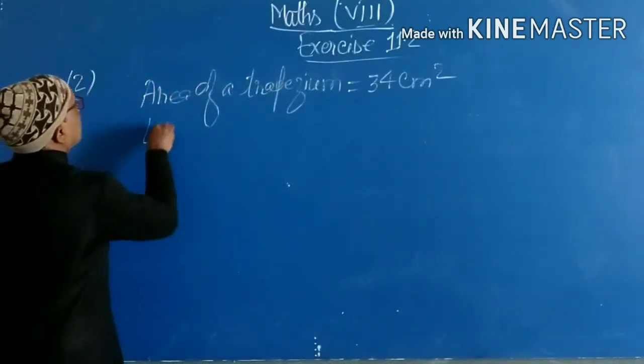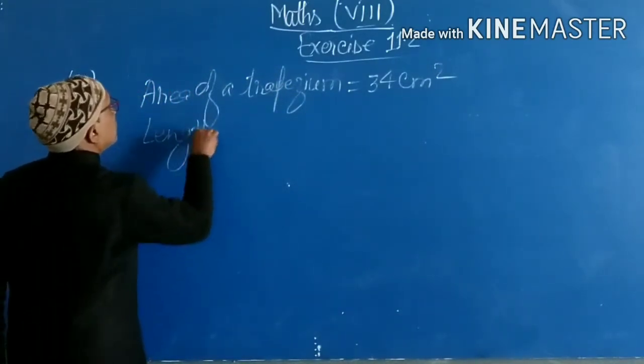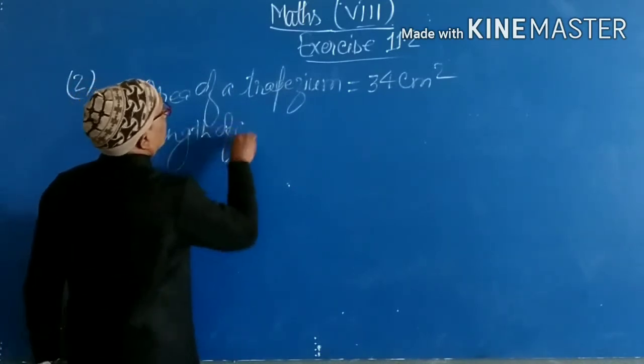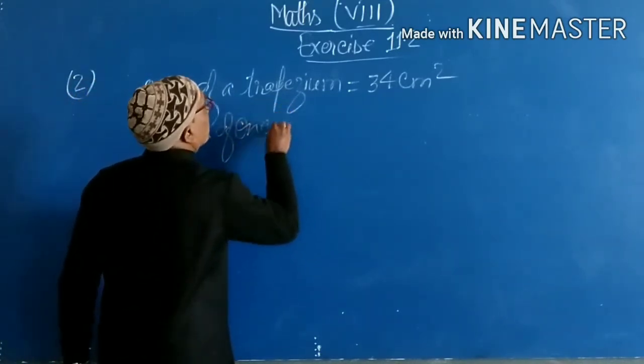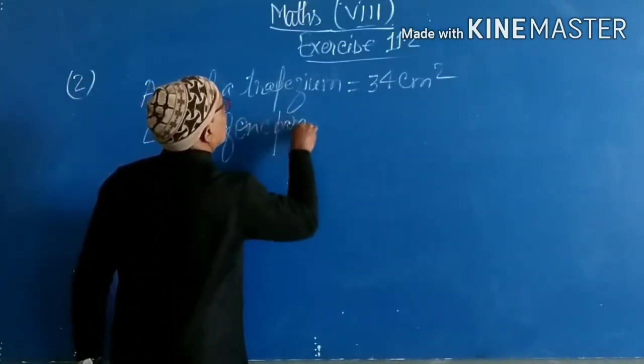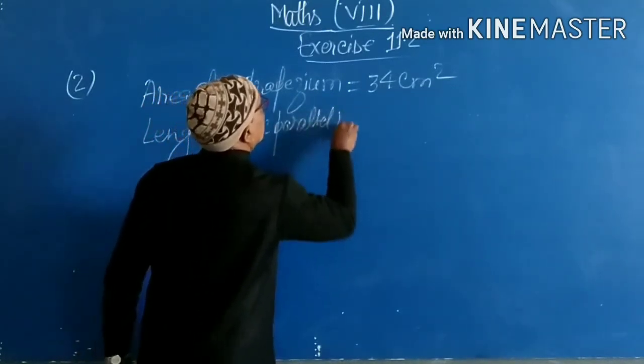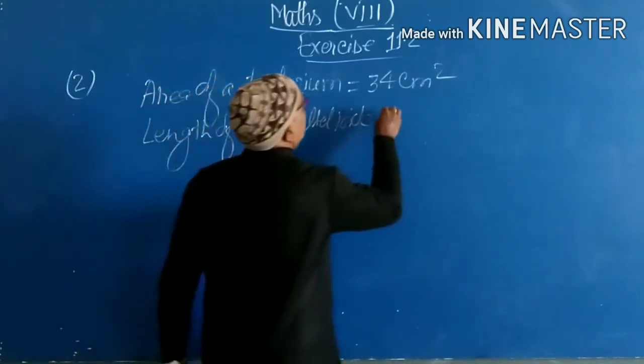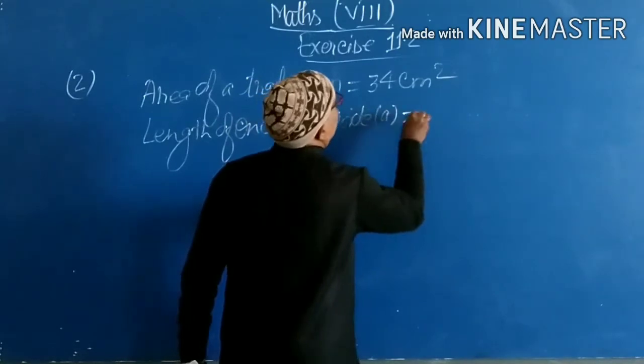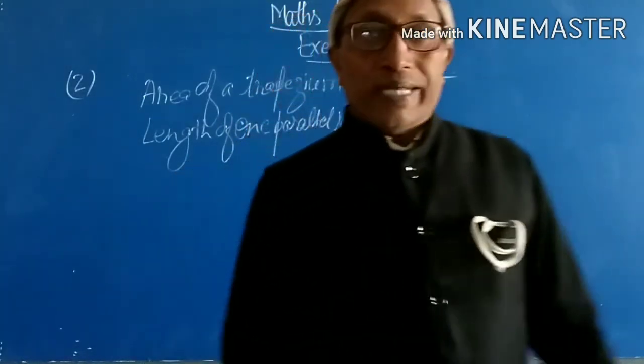Length of one parallel side, that is A, is equal to 10 centimeter.